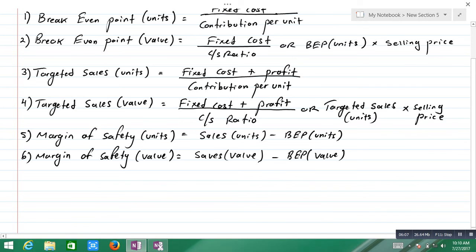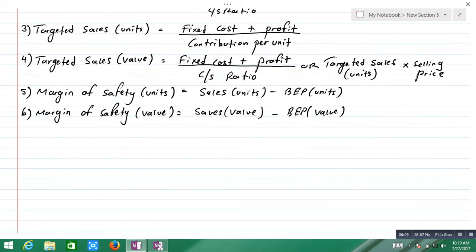Then we have total cost: fixed cost plus the variable cost.